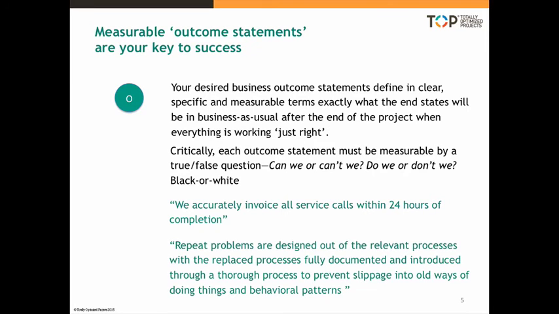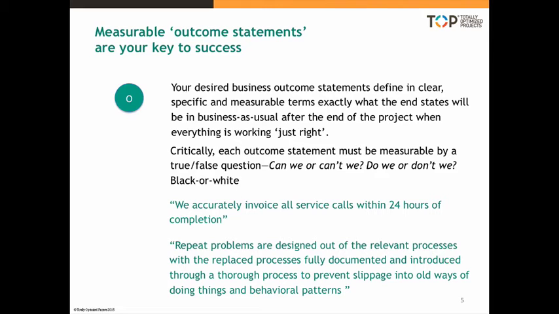The second example comes from an IT technical service project where they were looking to eliminate repeat problems and make sure that as they move forward they didn't slip back into old ways that created these repeat problems. So the outcome was repeat problems are designed out of the relevant processes, with the replaced processes fully documented and introduced through a thorough process to prevent slippage into old ways of doing things and behavioural patterns.